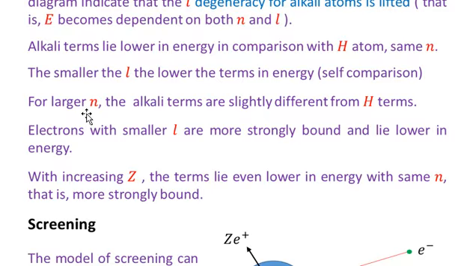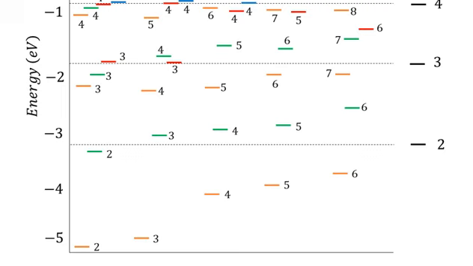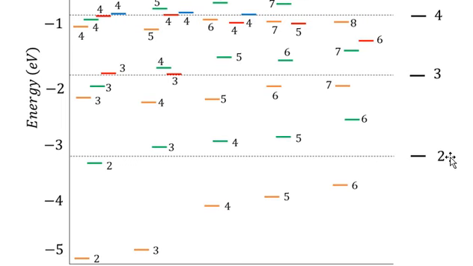For larger n, the alkali terms are slightly different from hydrogen atoms. What is the meaning of this? You know that for the lower principal quantum numbers, the alkali metal levels lie lower in energy than the hydrogen atom with the same principal quantum numbers.